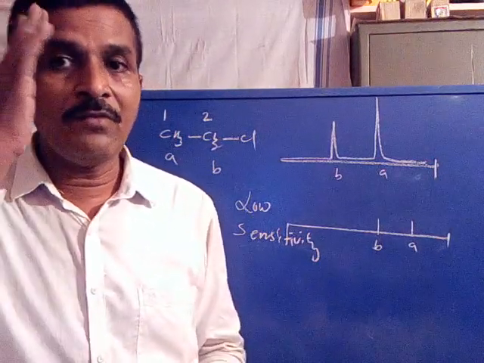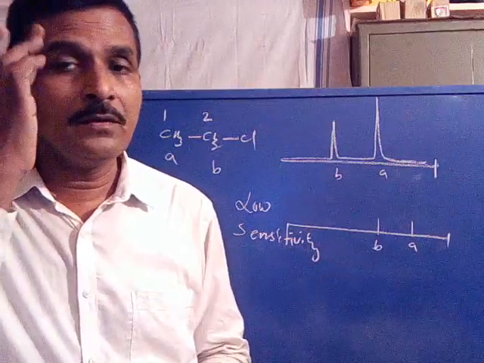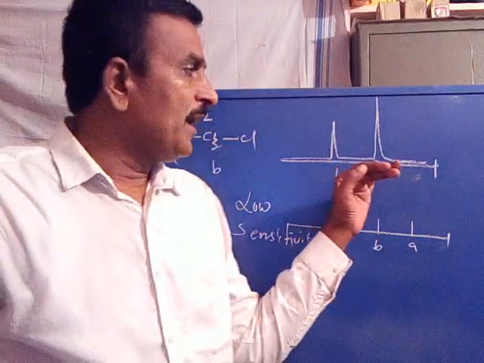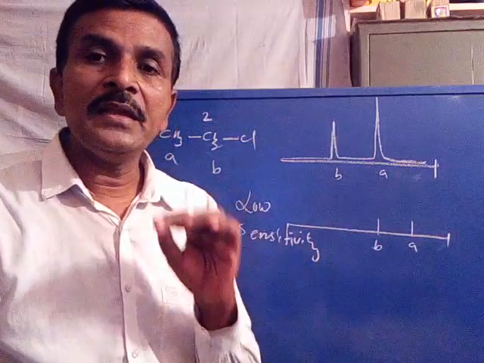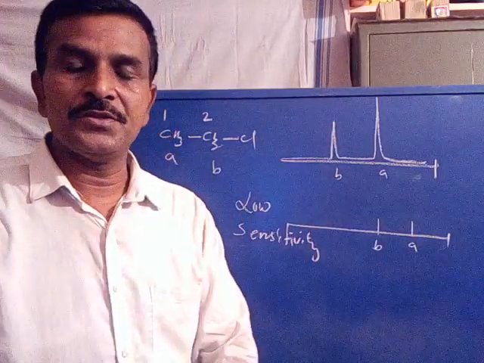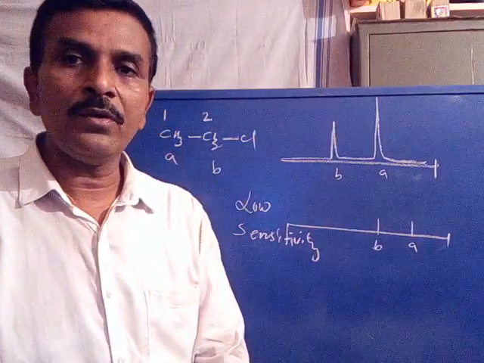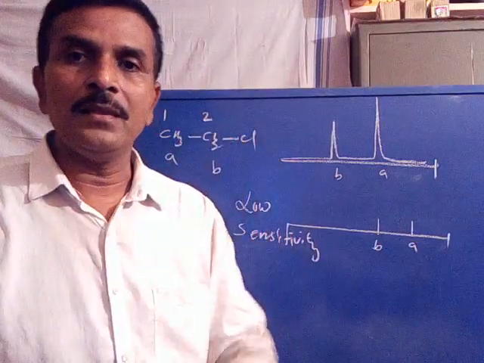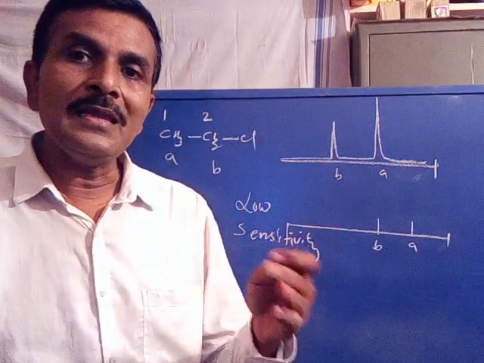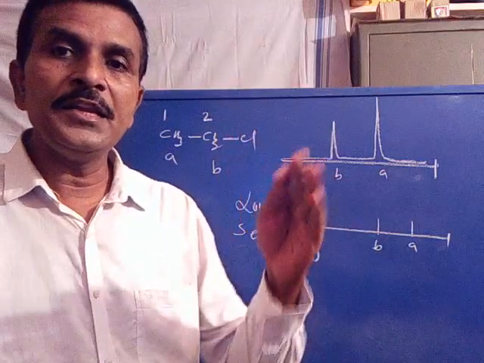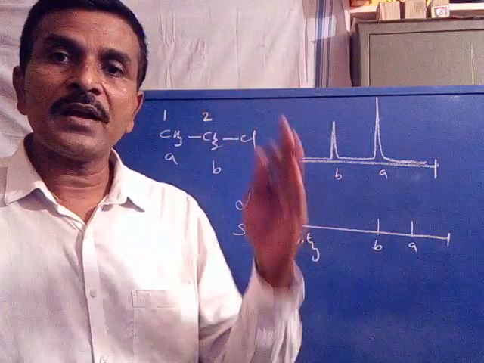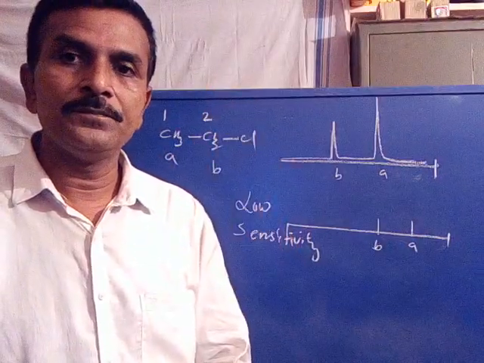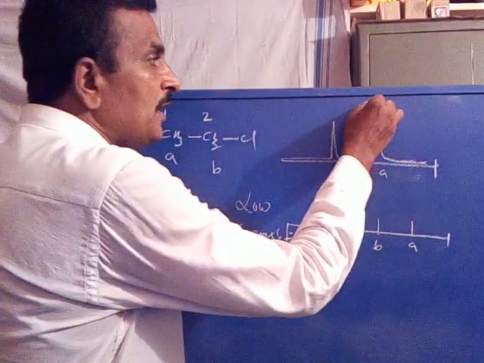Let us see what difficulty arises because of low sensitivity. Proton signals appear sharp and intense. Therefore, the integration of signals becomes easy. We can easily integrate each proton signal for counting the number of hydrogens present in each signal, that is, measurement of signal height.